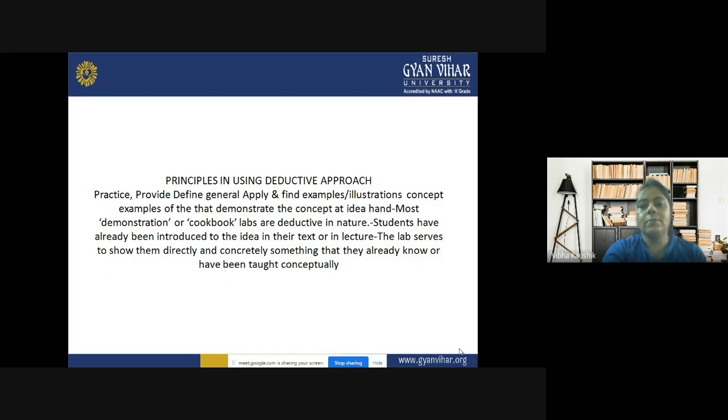Illustration: concepts, and examples that demonstrate the concept. On the other hand, demonstration or cookbook labs are deductive in nature. Students have already been introduced to the idea in their text or in lecture. The lab serves to show them directly and concretely something that they have already known or been taught conceptually.